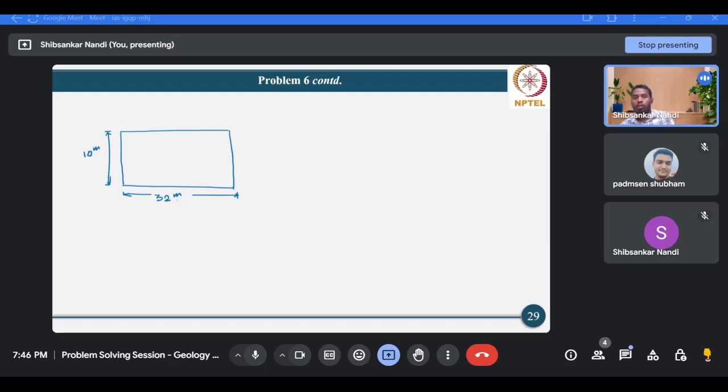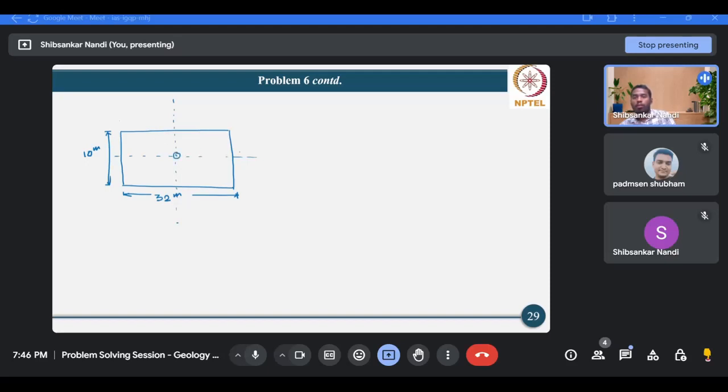So this is width, this is length. Now we have considered the center of this rectangular area as origin. So this is 0, 0.